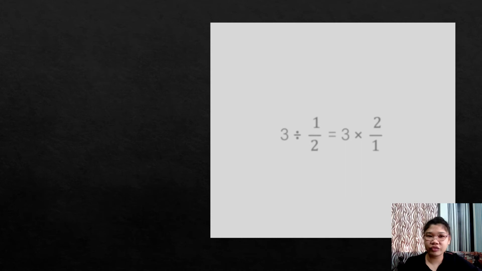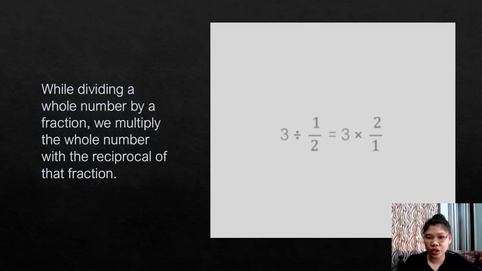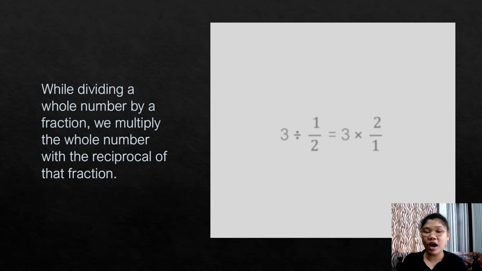I think I've given a lot of tips or statements that may help you in multiplying fractions. So let's now proceed with division. While dividing a whole number by a fraction, we multiply the whole number with the reciprocal of that fraction. So first, you have to get the reciprocal of that fraction, and then multiply it to the whole number.